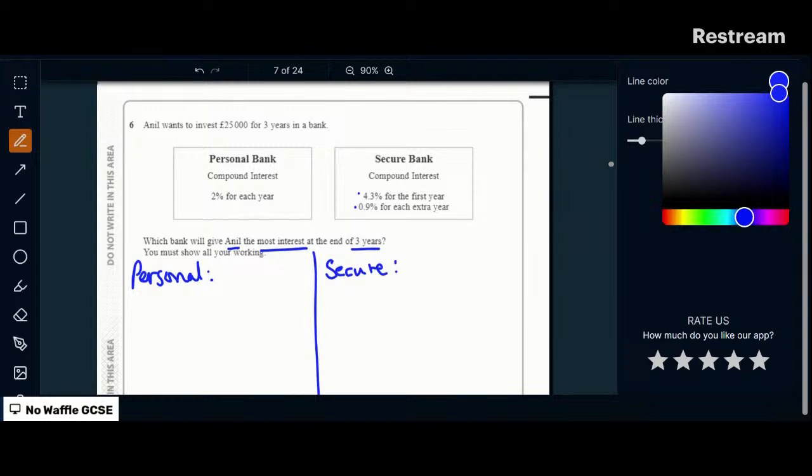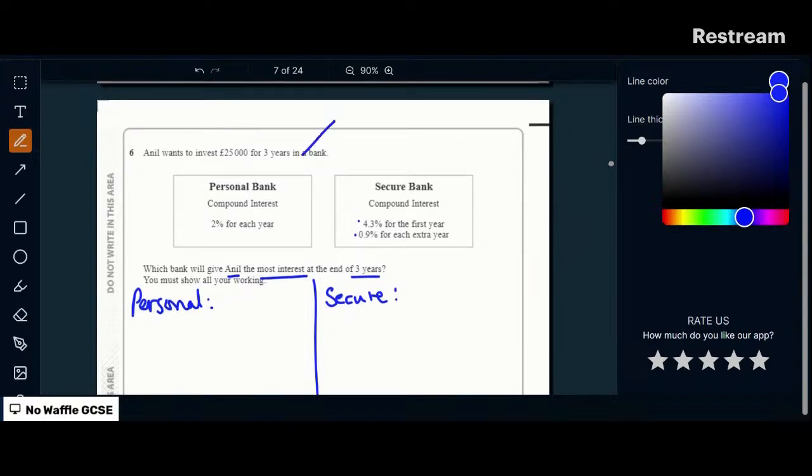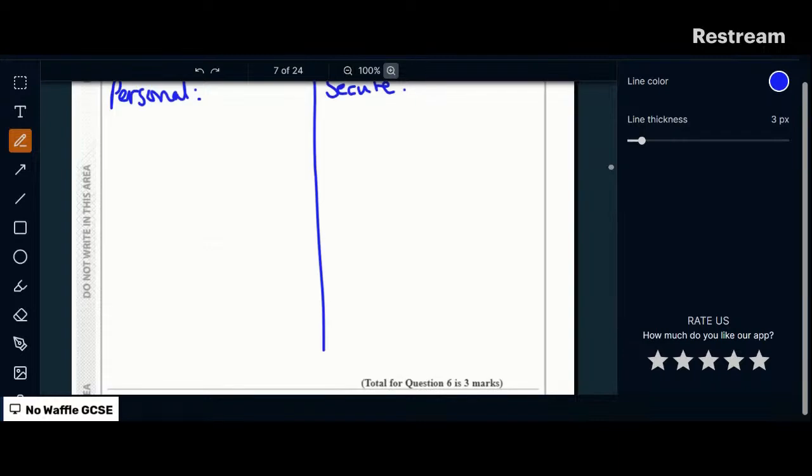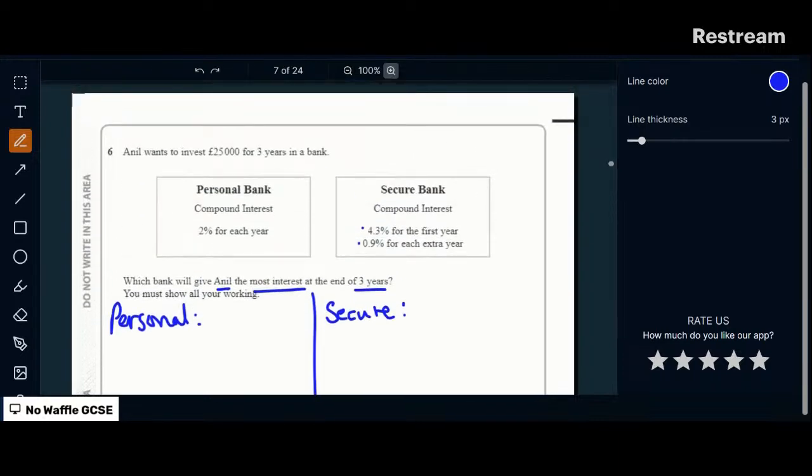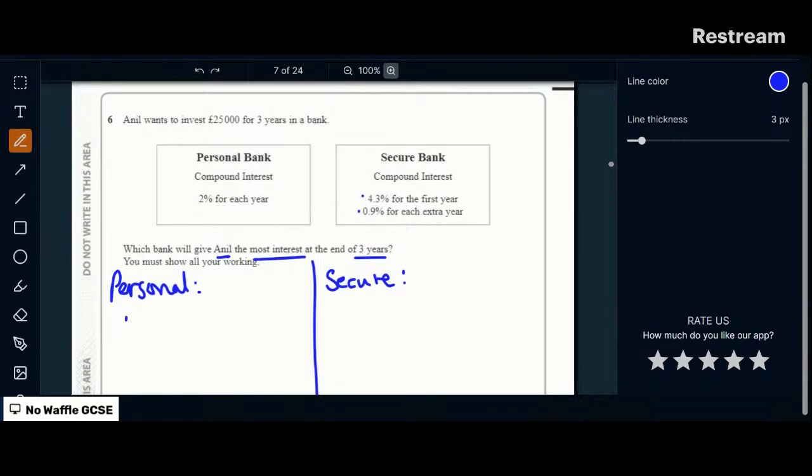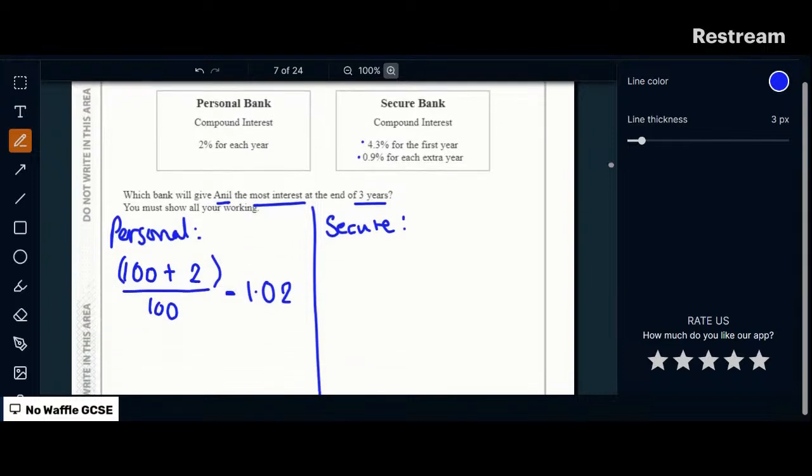So we've got 2% for each year. So if it's 2% compound interest, what you want to do is 100% plus 2% divided by 100, i.e. 1.02. For compound interest, the formula is always the initial value that you have, multiplied by this to the power n, where n is the number of years.